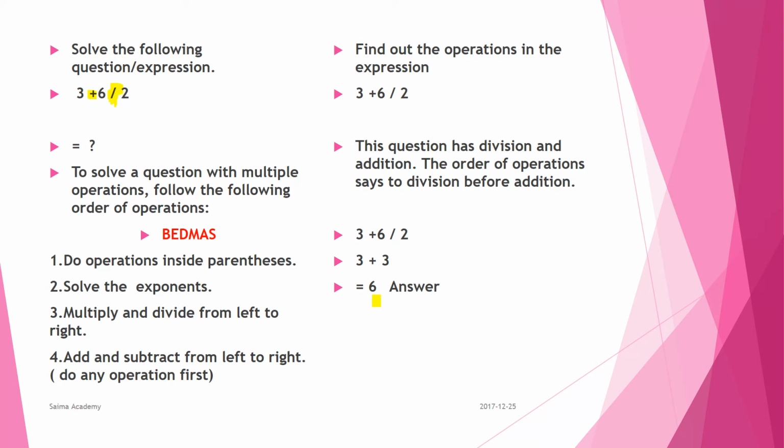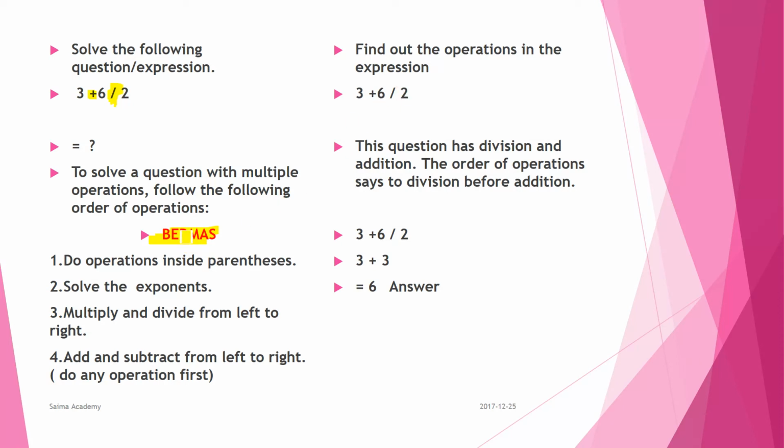The answer is 6. How? Because you have to follow BEDMAS. Always BEDMAS. If you have multiple operations in a question, always use BEDMAS. Otherwise, your answer will be wrong.